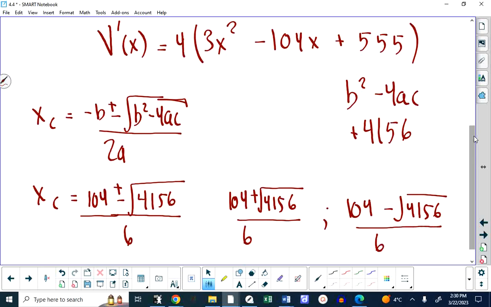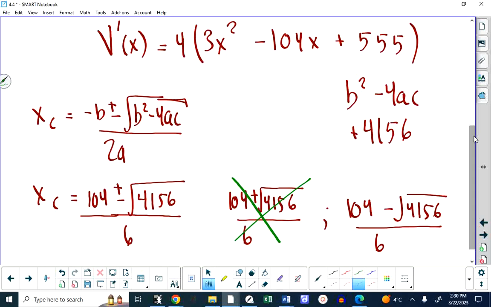See if you guys are on top of things here. Why is it that this is going to be kicked to the curb? I'm pretty sure it's going to be greater than 15. I don't know what root 4156 is. It's in the range of around 20-ish. What is it? 64.